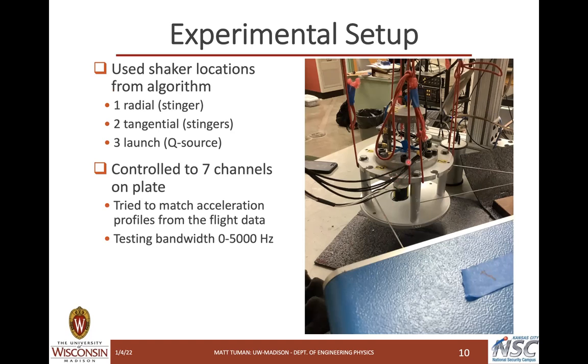The other 2 are just on the bottom of this interface plate. And then in accordance with our transmission simulator methodology, we only used our control software to control to the 7 working acceleration channels on the plate, but we still measured the response of the accelerometers on the stool.